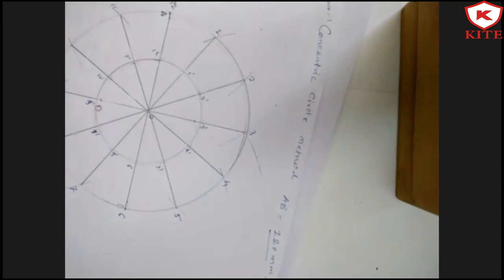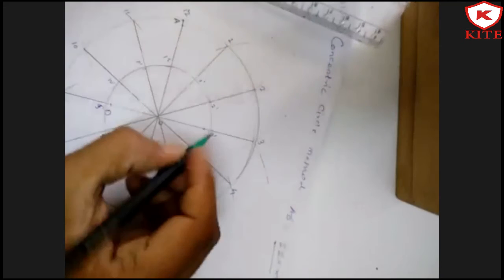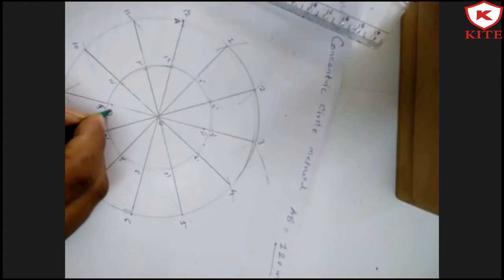Now draw the vertical line from point 1 of the outer circle, and this line must be parallel to CD.